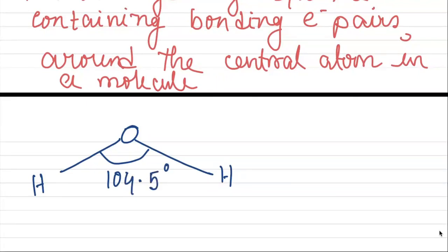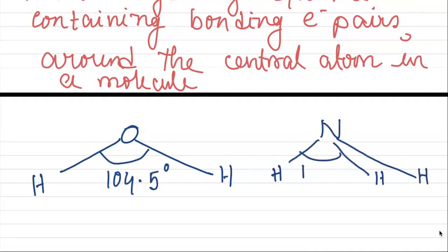If we consider ammonia, the bond angle between these two hydrogens is 107.5 degrees. Okay, so these are examples of bond angle. That means the main thing is that the angle between the two bonds which are attached to the central atom is known as bond angle.